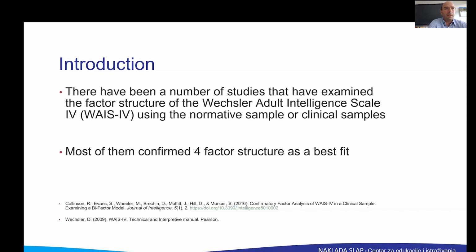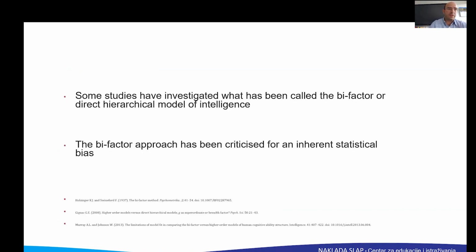They used several model fit statistics like adjusted goodness of fit index, comparative fit index, etc., and concluded that the 4-factor model fits best for the total sample and for the 5 age groups that are present in the norms currently.